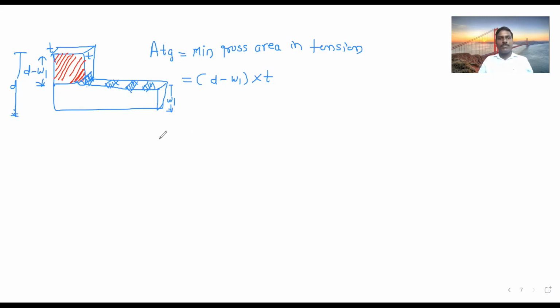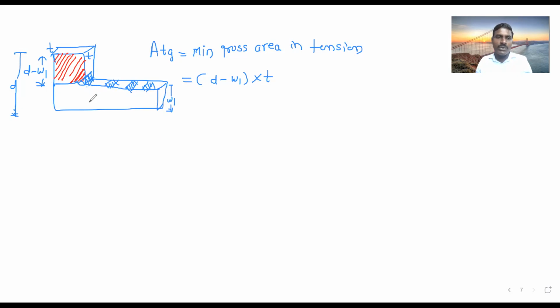Everyone got it now? Sir, minimum gross area in tension from bolt hole to toe of the angle. What is this toe of the angle? When you say the ATG definition, bolt hole to toe of angle.